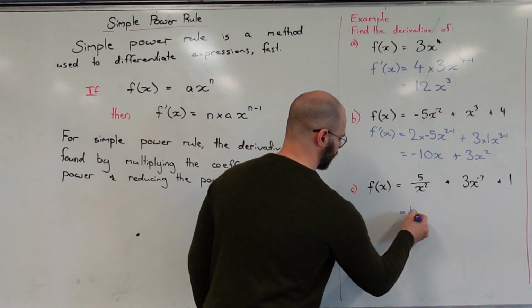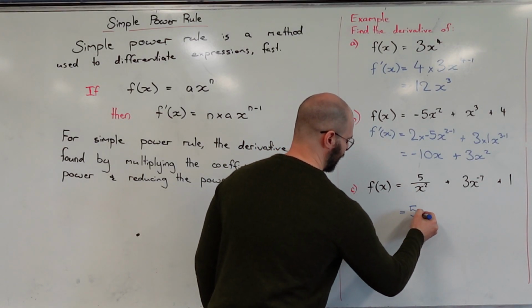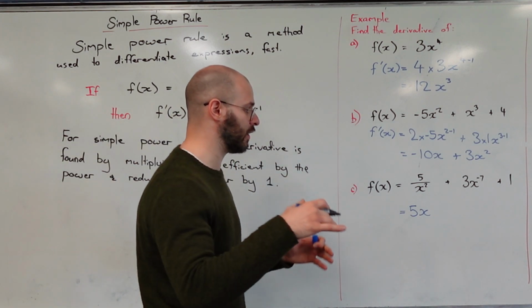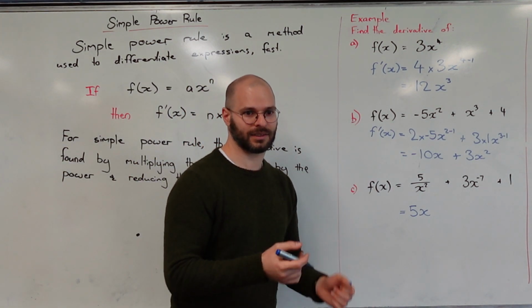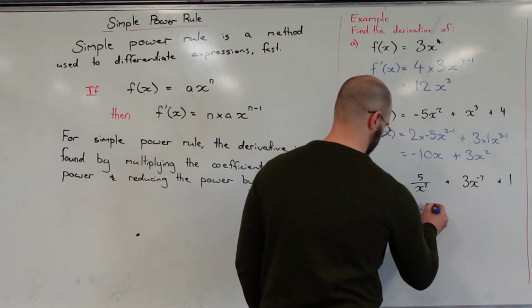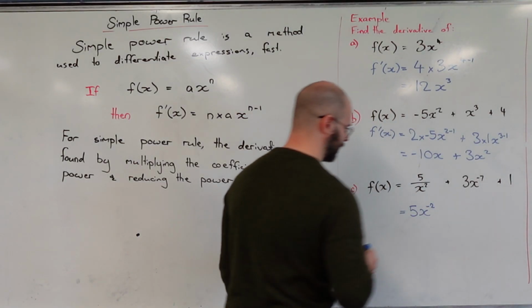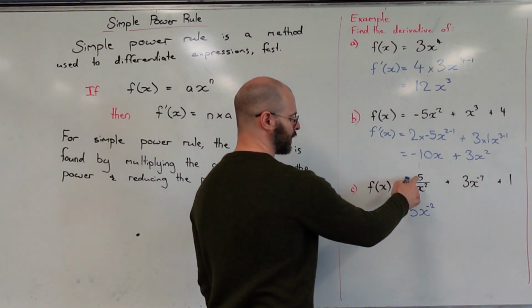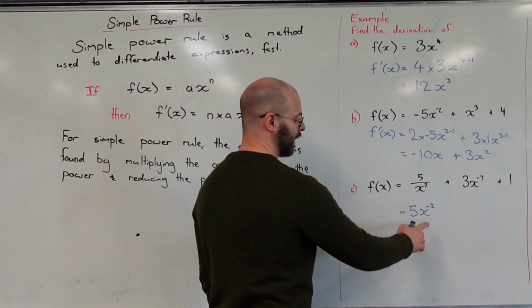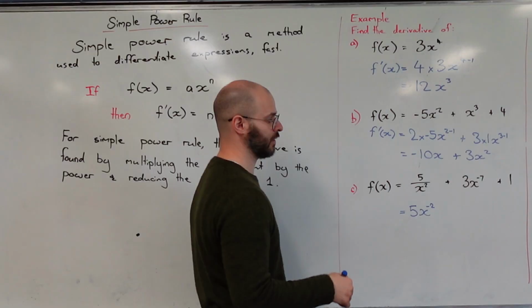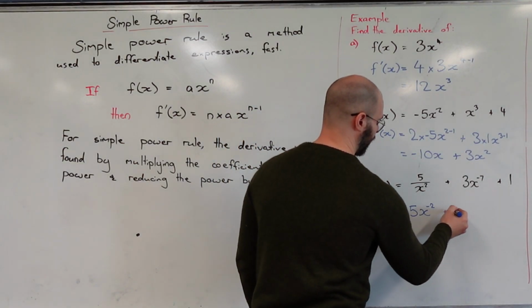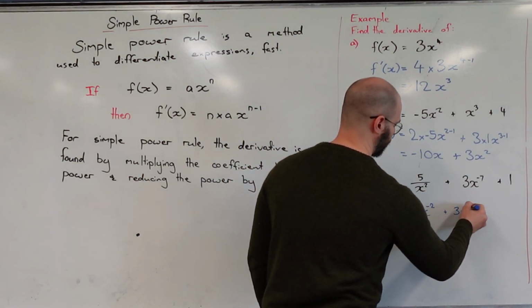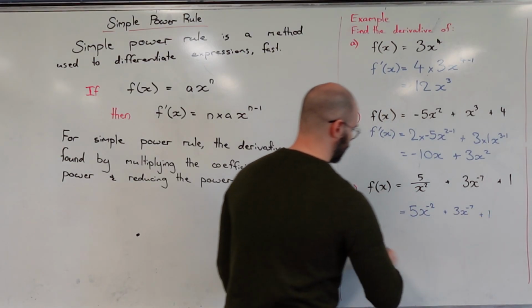There's a 5, there's going to be an x. What is the consequence of allowing x to come upstairs? It becomes a negative Nelly. The 5 was always upstairs. We just moved the x up there, and it made its exponent negative in its place. Plus 3x to the power of 7 plus 1.